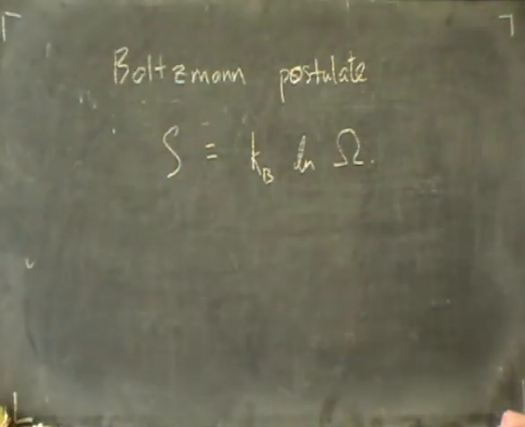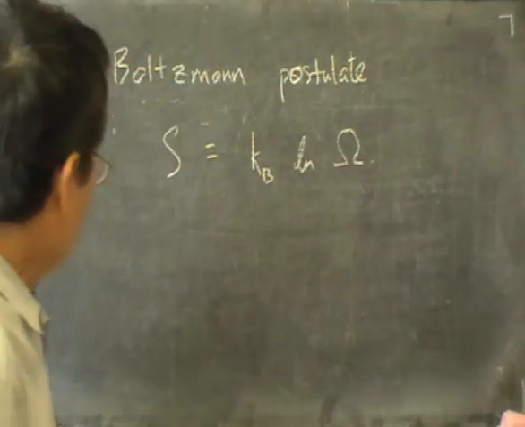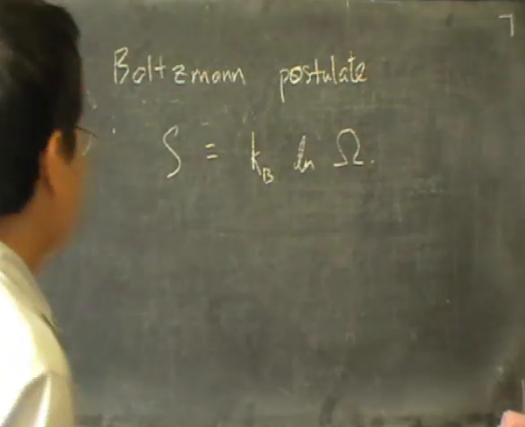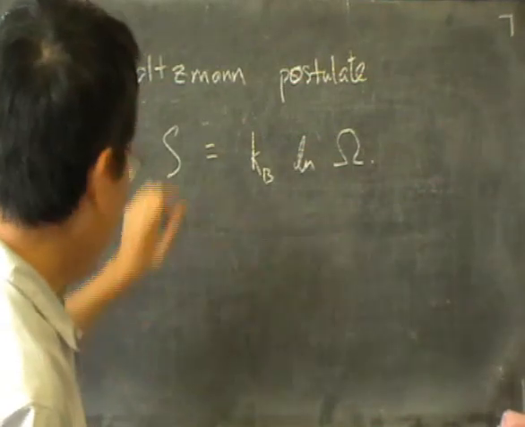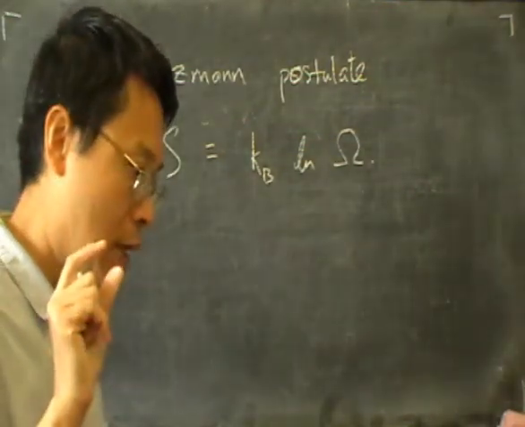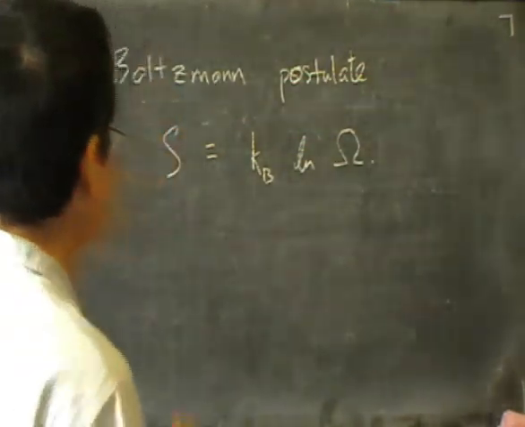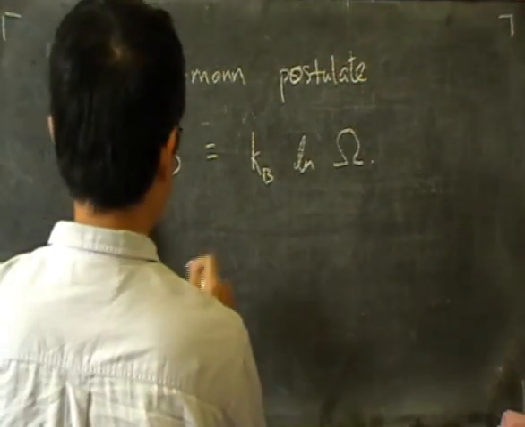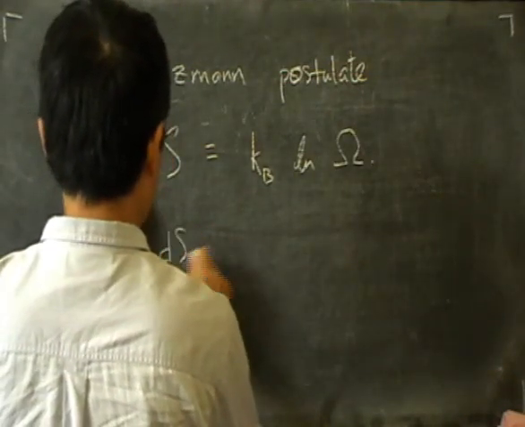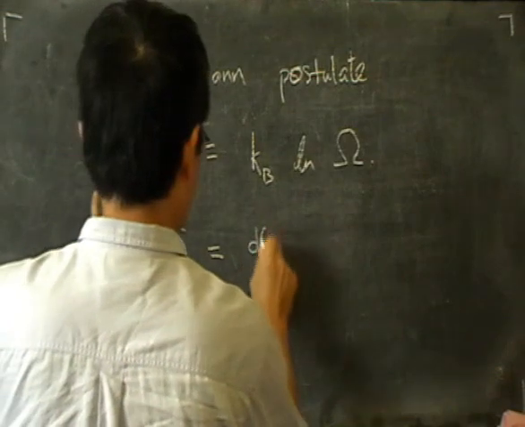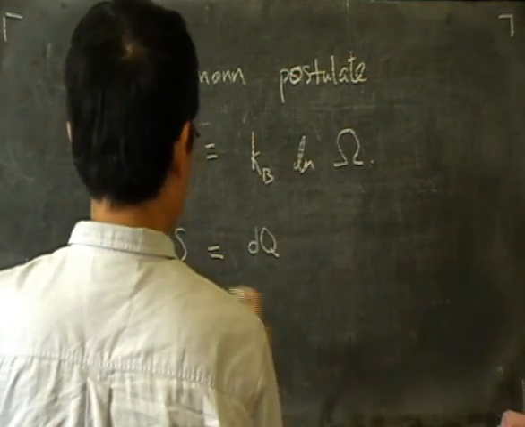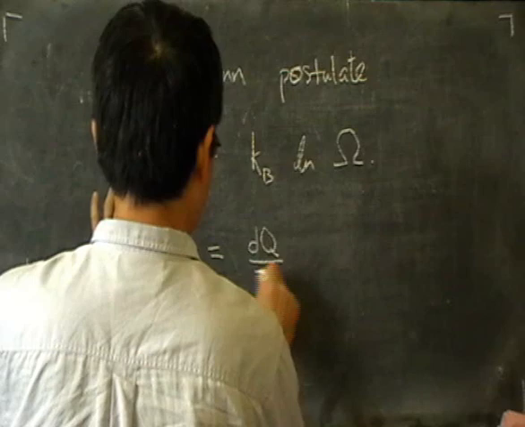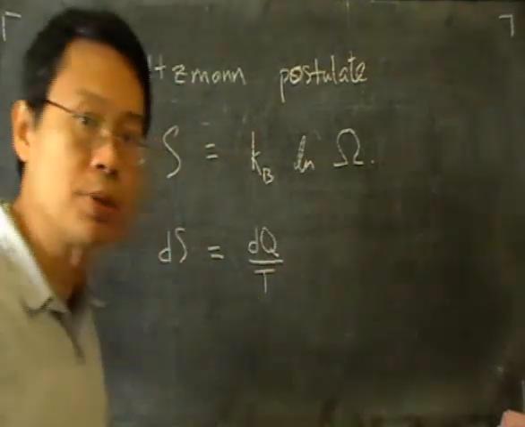So that's Boltzmann's postulate. And we also use the idea from classical thermodynamics that relates entropy to heat. And that is that the change in entropy is equal to the heat change divided by temperature.